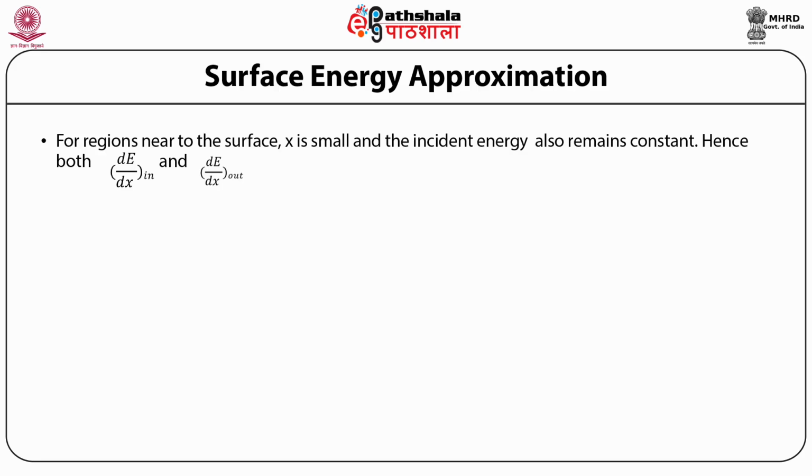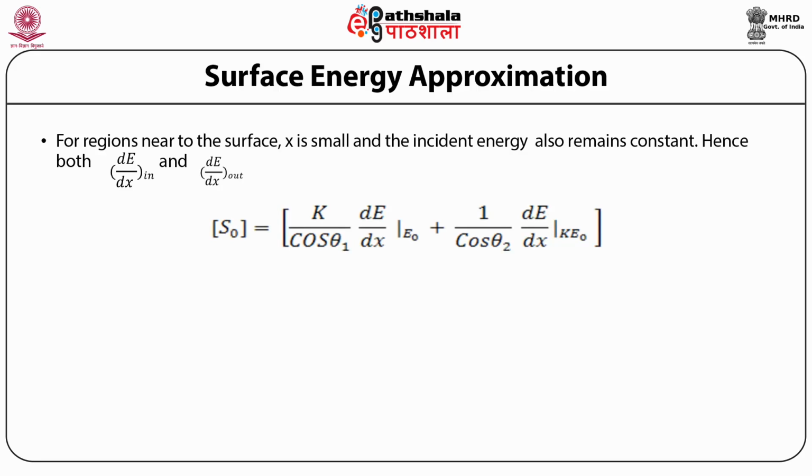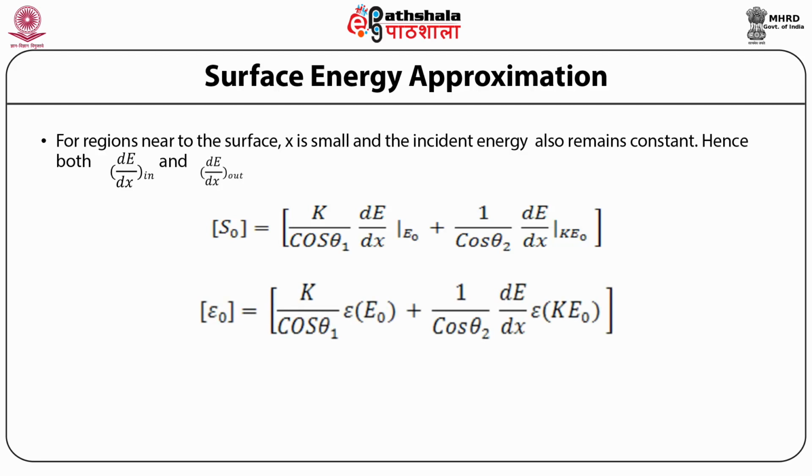In the surface energy approximation, the equation can be written as S0 = K/(cos θ1 dE/dx at E0) + 1/(cos θ2 dE/dx at KE0), and epsilon 0 = K/(cos θ1 epsilon(E0)) + 1/(cos θ2 epsilon(KE0)), where epsilon 0 and KE0 are evaluated at the initial energy point.